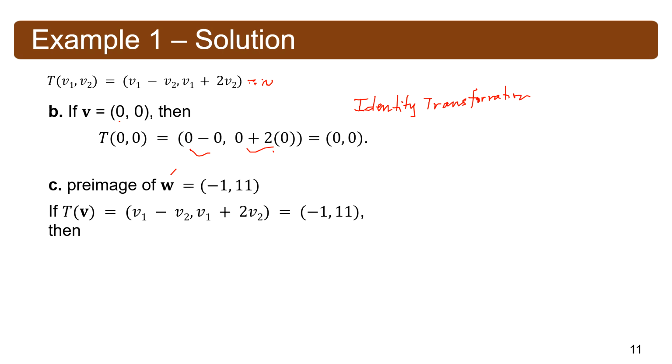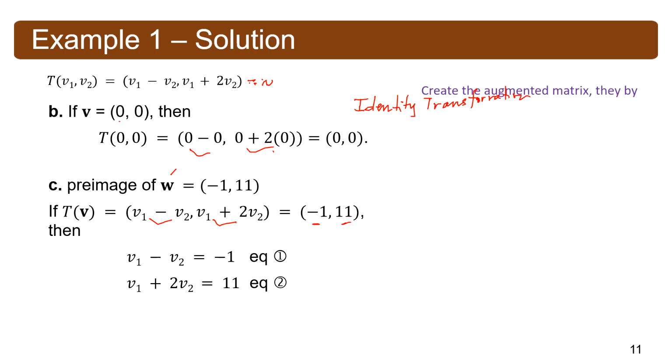Then the first component must be equal to the first component on the other side of the vector equation, and the same way here, that's equal to 11. You will be creating a system of linear equations. Again, there are two ways you can solve this: by substitution or elimination, or you may use the augmented matrix.